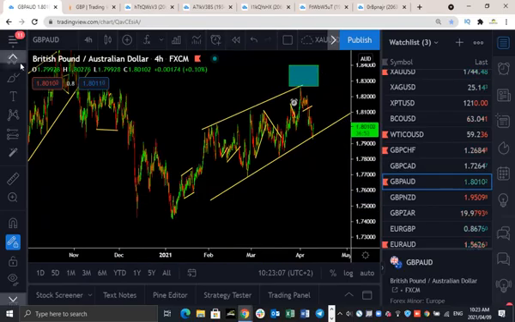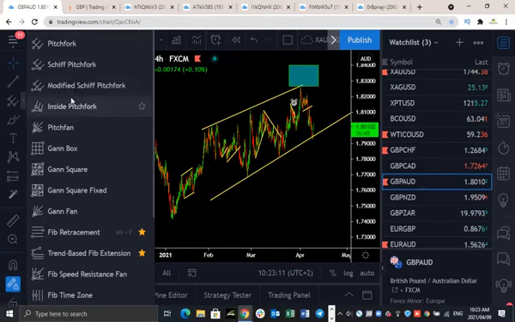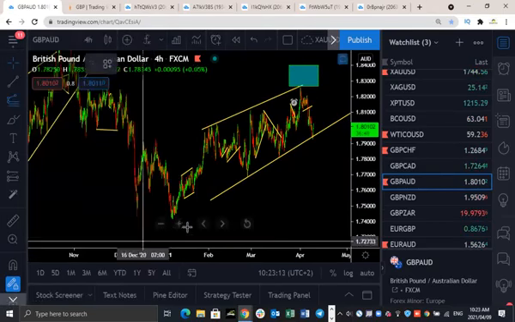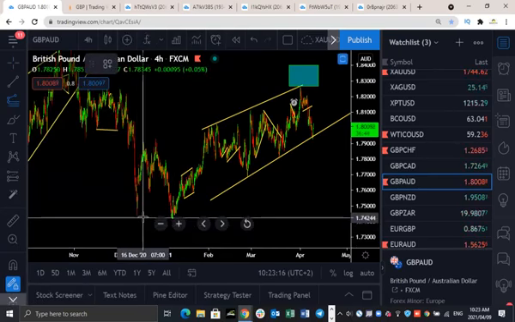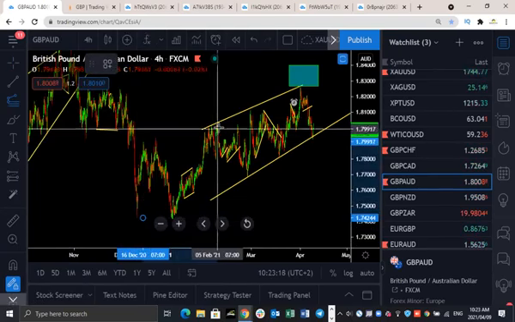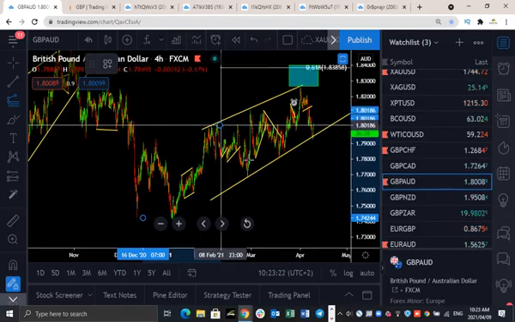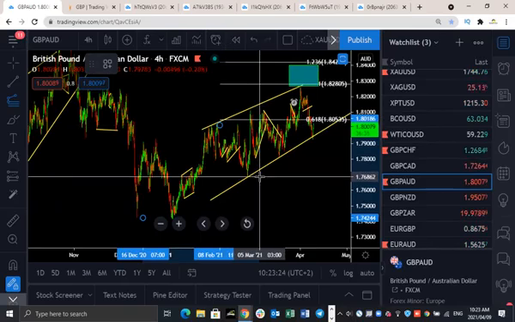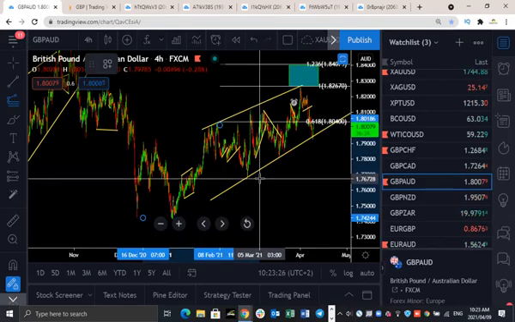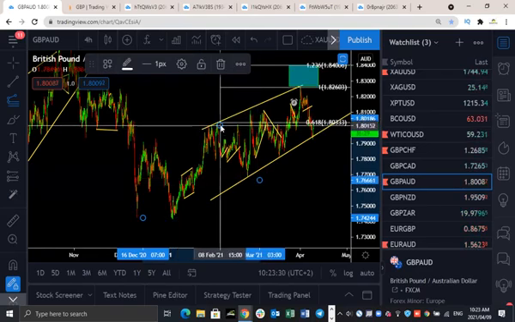Let's take the fib. If we check it here, up to there where the correction starts, back here.